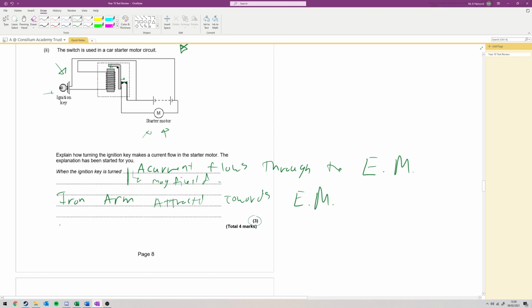So: this pushes contacts together. And in the question they have said it makes a current flow in the starter motor, so you don't say that, they've already told you. They've told you this bit, which would usually come after that statement. Okay, so there's your 3 marks.